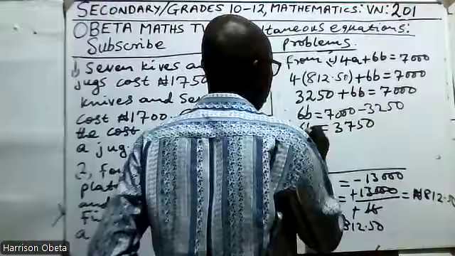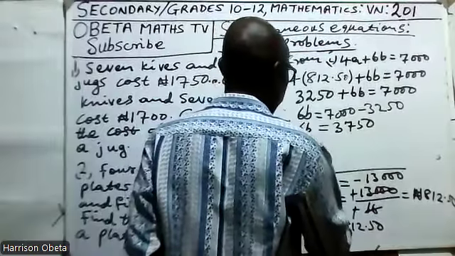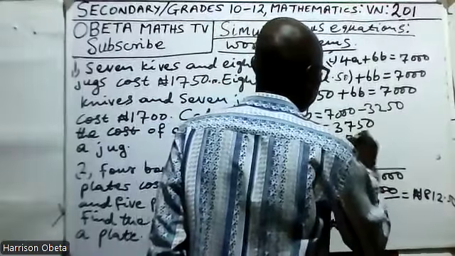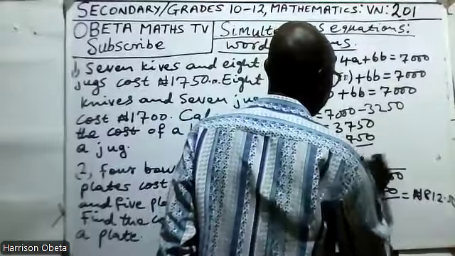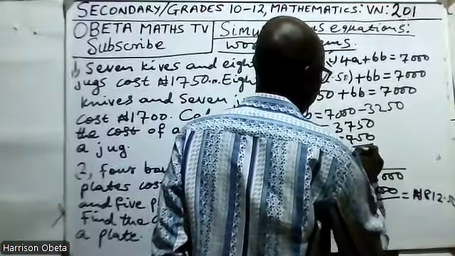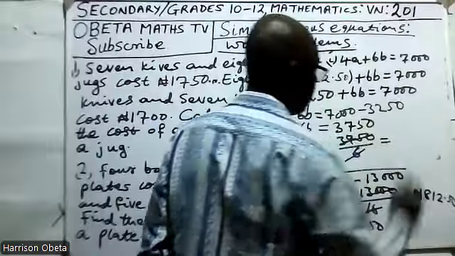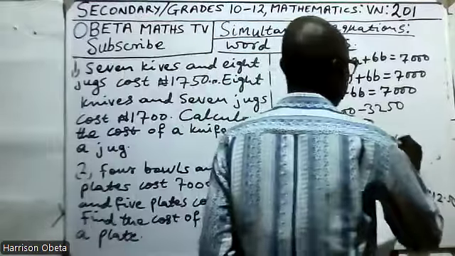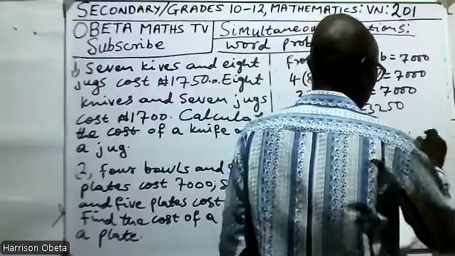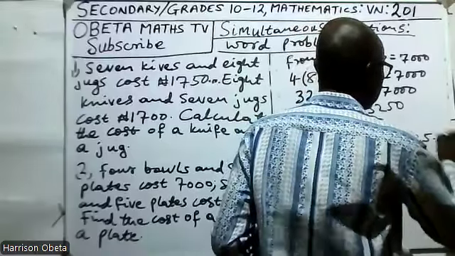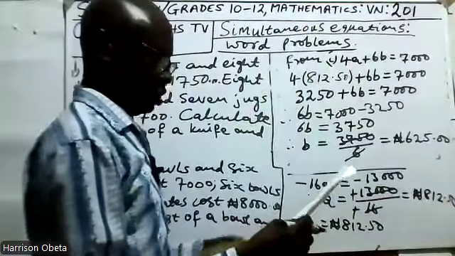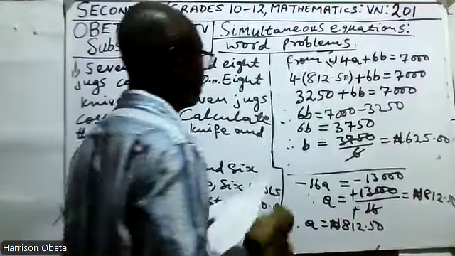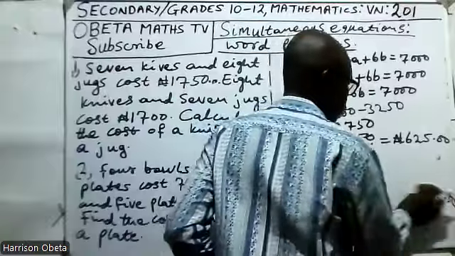So 6b is equal to 3750, therefore b is equal to 3750 all over 6. If you divide it again, that will give us 625 naira. So we have finally succeeded in getting the two values.